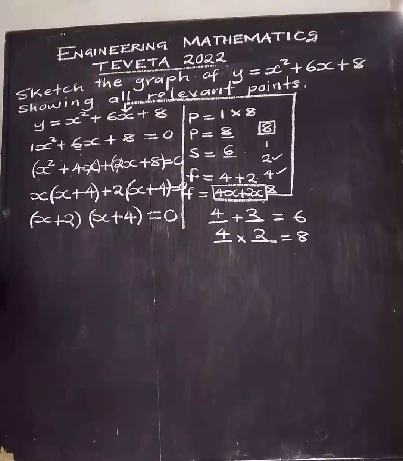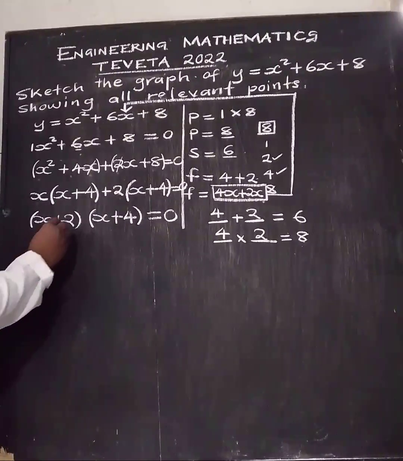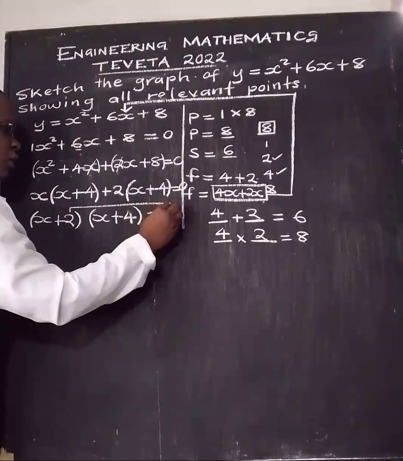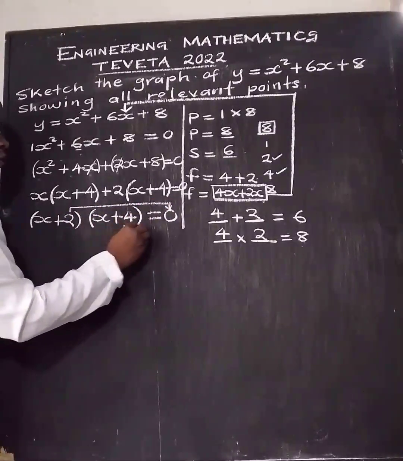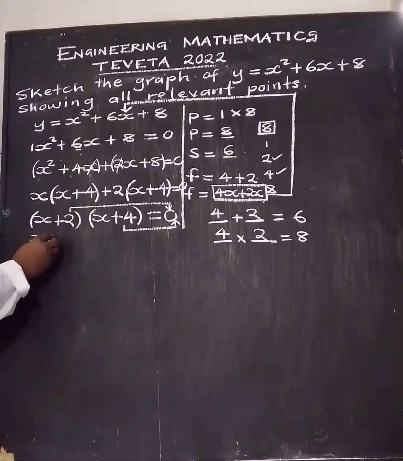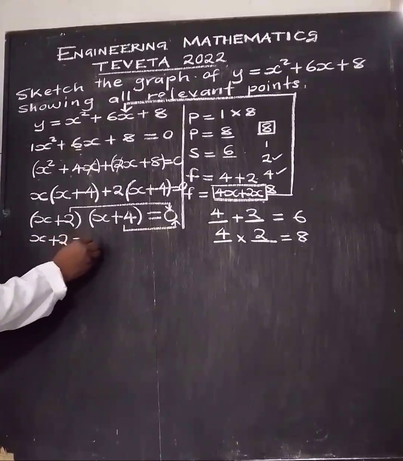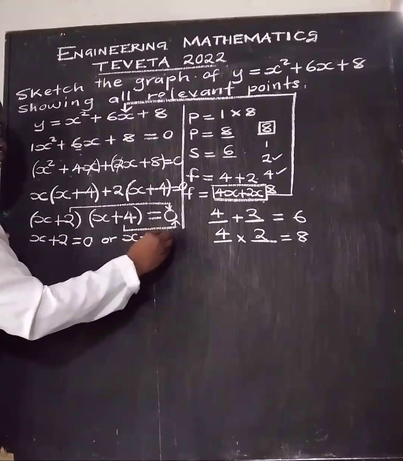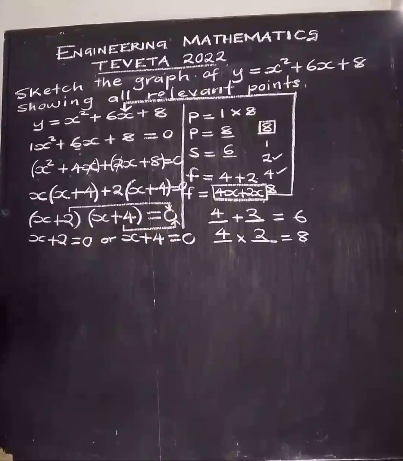After doing this, if we reach this point, you're going to equate each pair to 0. So this pair is equal to 0, and this one is also equal to 0. So we're going to have x plus 2 is equal to 0, or x plus 4 equals 0.